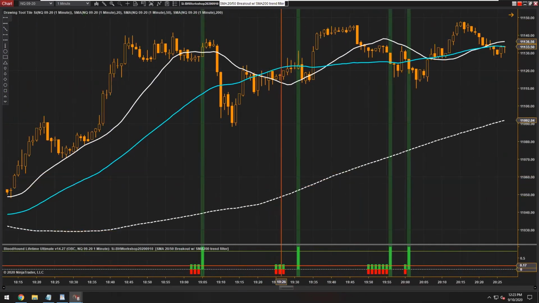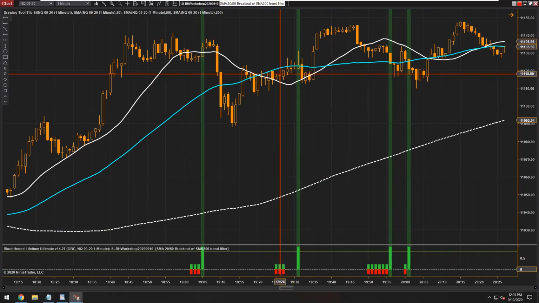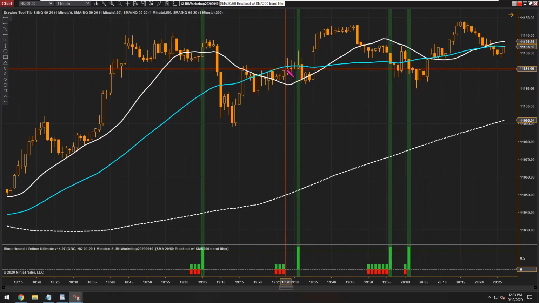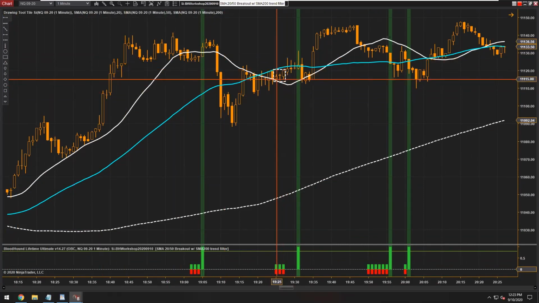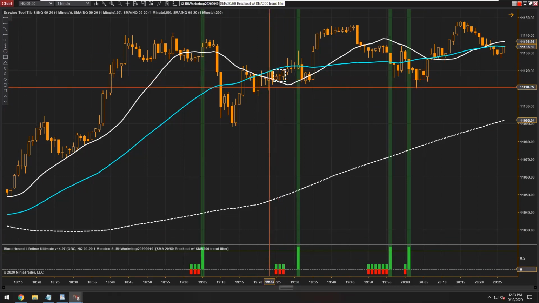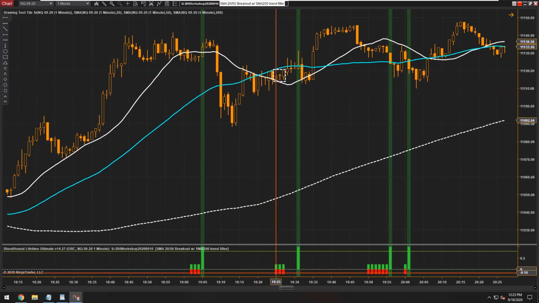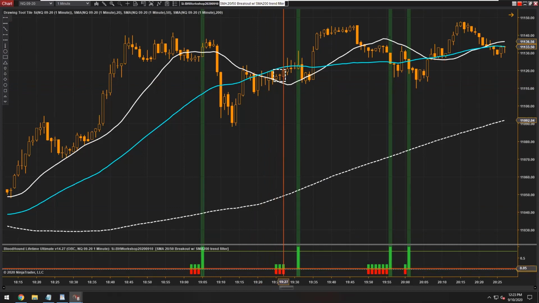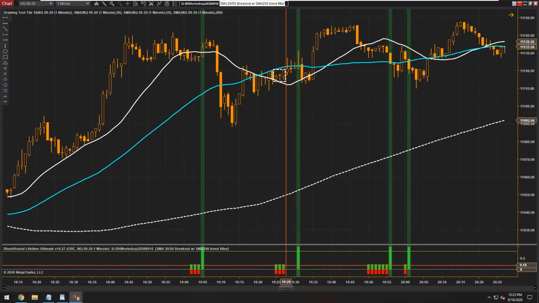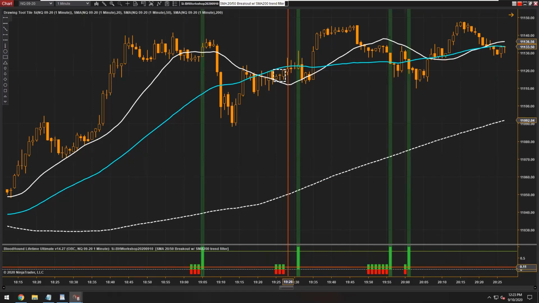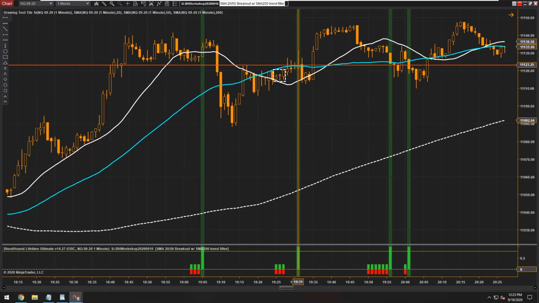Here we go. Here's another situation where it took a couple of bars. So we can see here, we got 3 inside bars, right? And again, I can tell because of my little output here, this small output that happens before the signal. And this time it took 1, 2, 3 bars before the breakout bar.